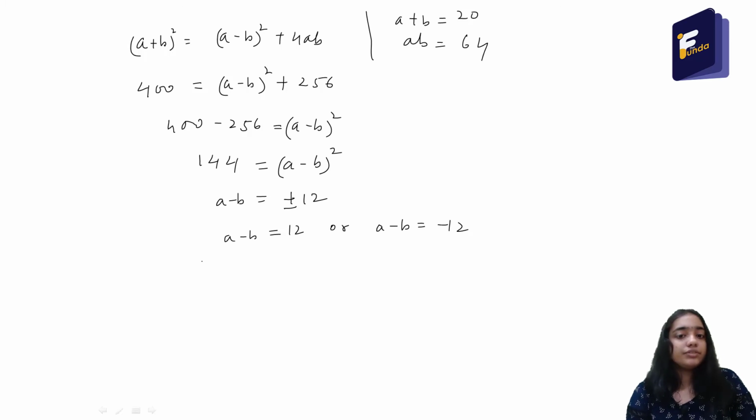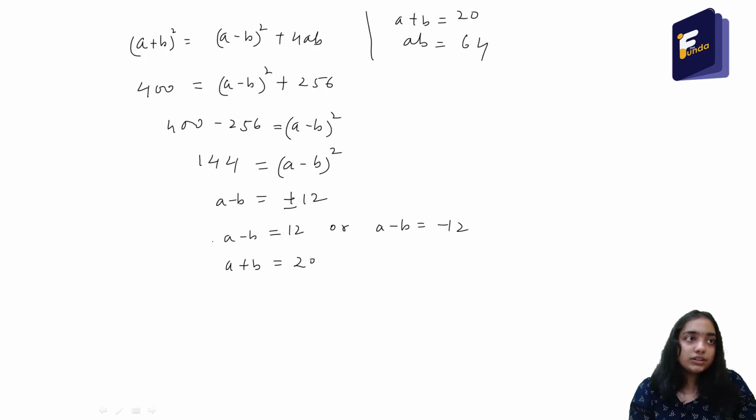Already we have the value of a plus b, that is equal to 20. Now using these two equations we are going to get the value of a and b. So if we use a minus b equal to 12 and a plus b equal to 20, by adding those two equations we will get a minus b plus a plus b.